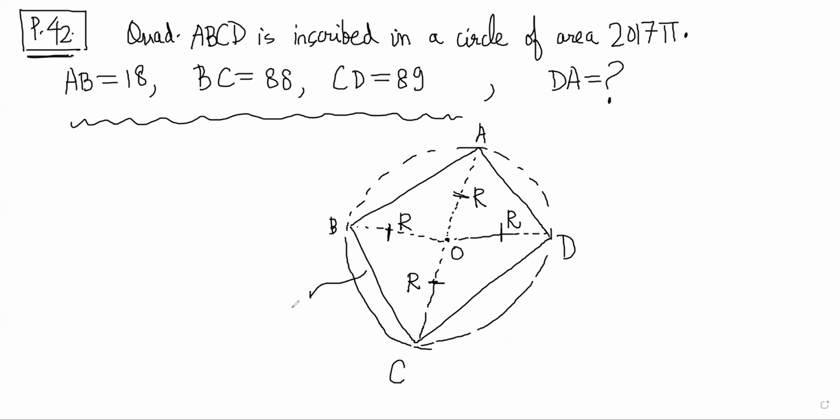And we know BC is 88. And we know CD is 89. And we know AB is 18.